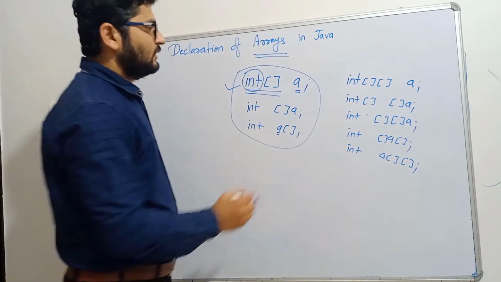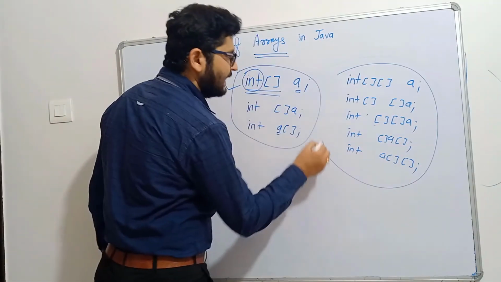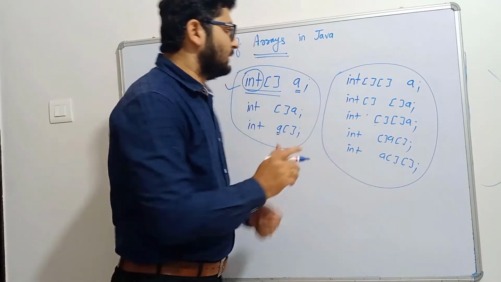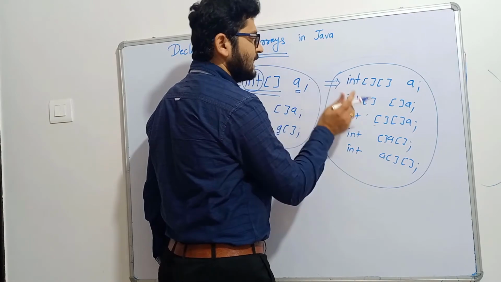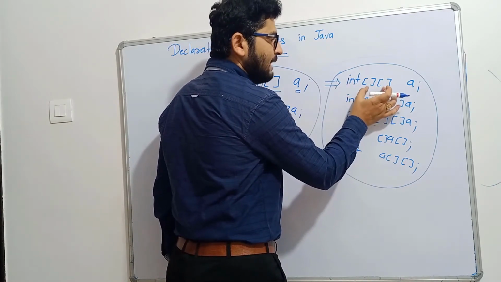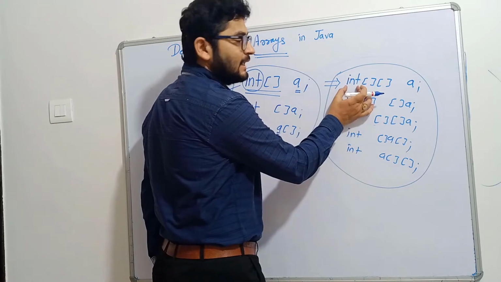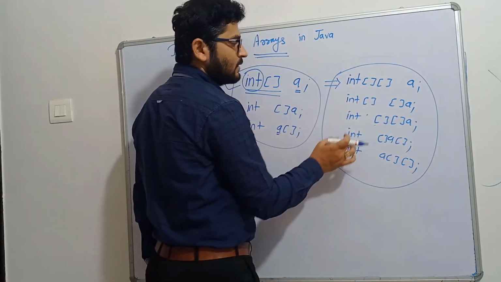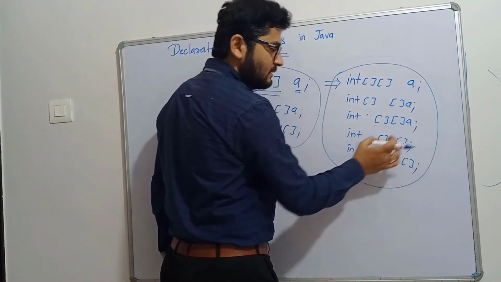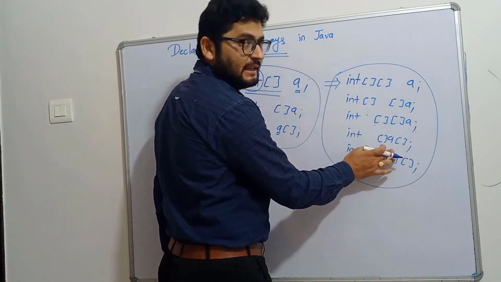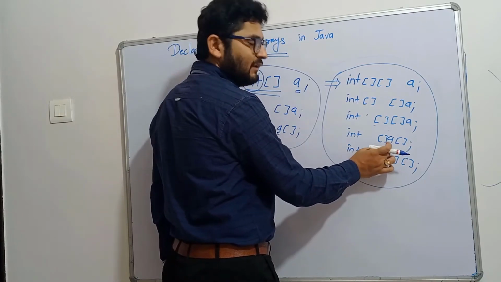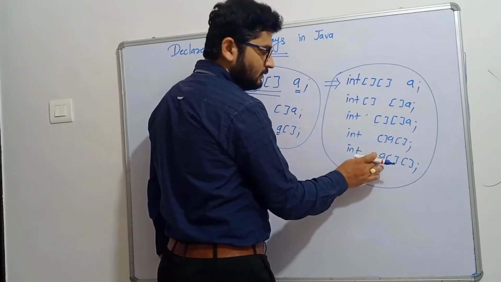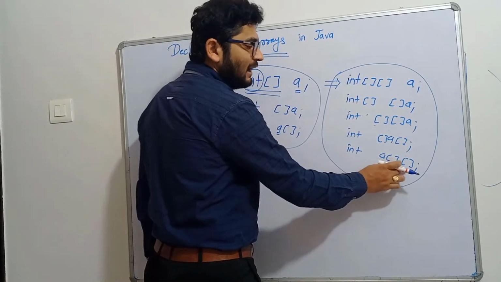So these are the 5 different ways in which a two-dimensional array can be declared in Java. In the first way, I have given both dimensions with the data type. Here one dimension is with the data type, another with the variable name. Here both dimensions are with the variable. Here both dimensions are with the variable, but one before the variable and one after. Here both dimensions are with the variable, but both are after the variable.